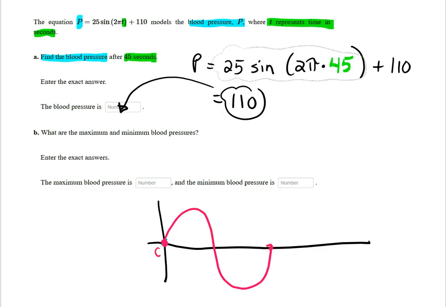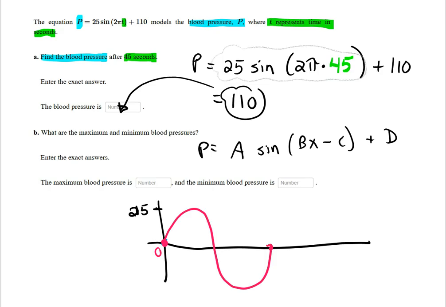This is at 0, but when it's in the P equals A sine of bx minus c and then a plus d, A is your amplitude. Now normally the amplitude is at 1, but this amplitude is at 25.